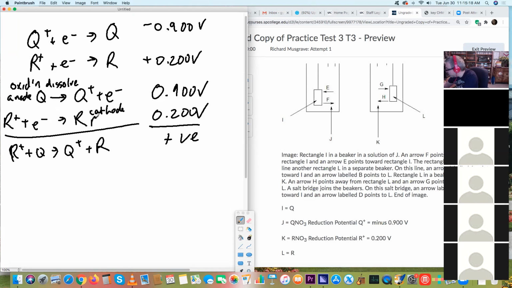It's a reduction, and it's going to be plating. So the reduction potential that gets flipped is always the anode? Yes, that's true, Nathan. Oh, okay, thank you.